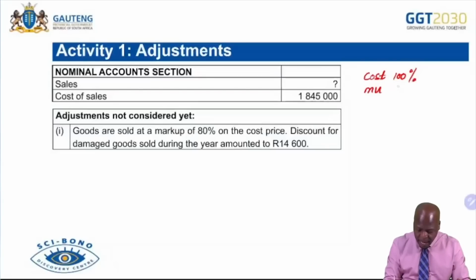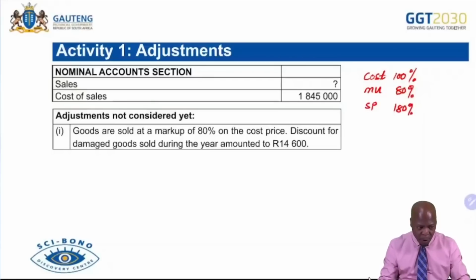Your markup in this case is 80%. So then your selling price therefore becomes 180%. Very important. So far we have our cost, we have our markup, and we also have our selling price.